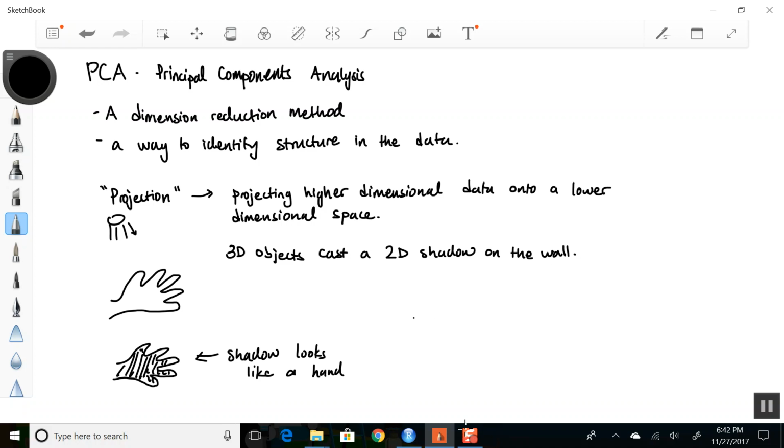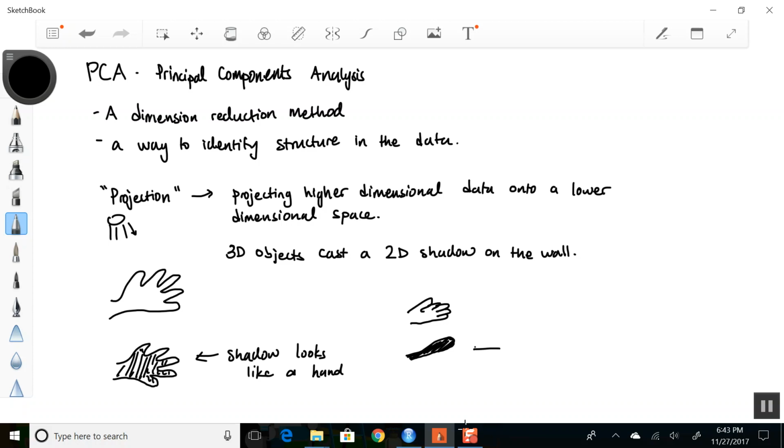But if the hand was held this way, this is my terrible drawing skills, we could project just something lumpy that looks like this, right? This is another entirely possible shadow.